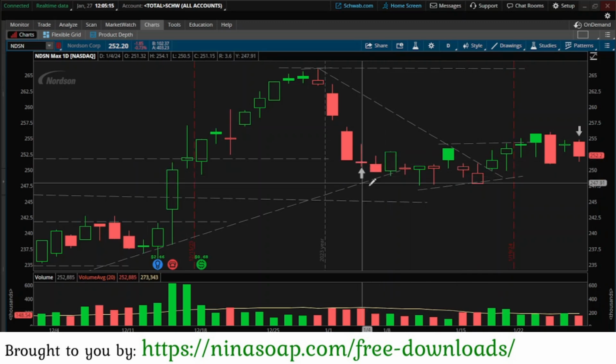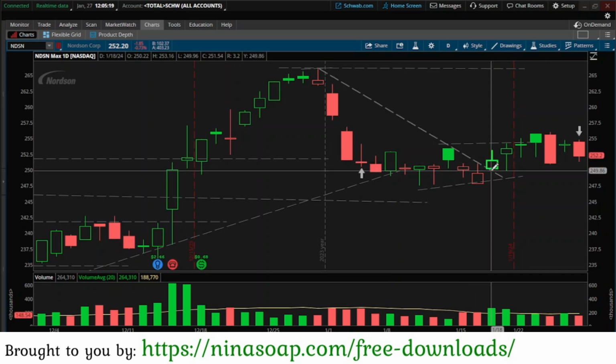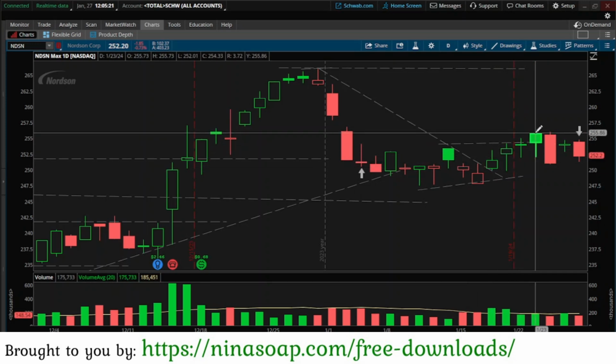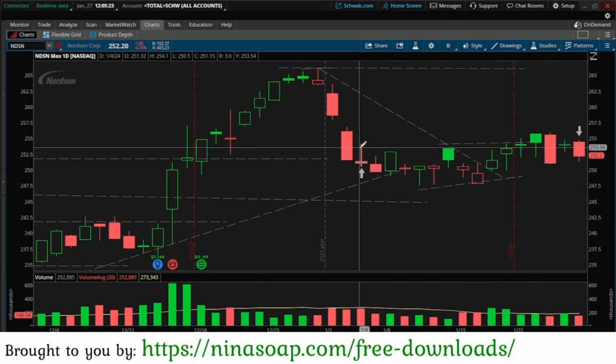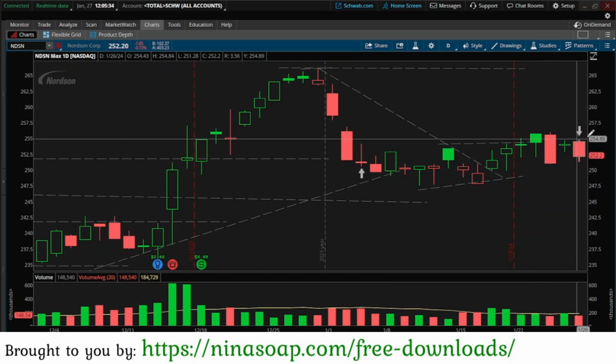We bought it not really at the right time. A good buy would be this one and sell it here. But even in here though, I could have sold it at this point and made a profit, and I didn't. And then we sold it somewhere here 3 days later.